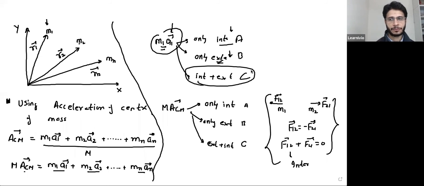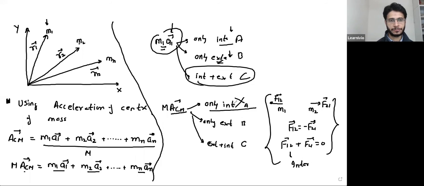Motion of individual particles of a system is affected by internal force, but internal force cannot affect the motion of center of mass. Does the acceleration of center of mass depend upon internal force? No. So is it possible that A is correct? No. So A is wrong.